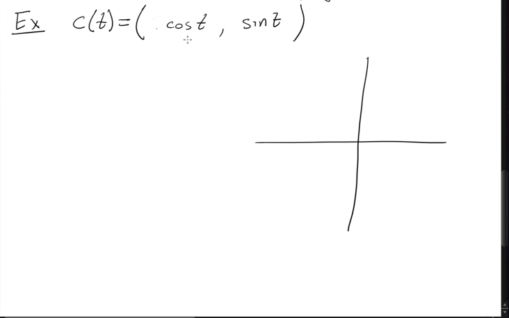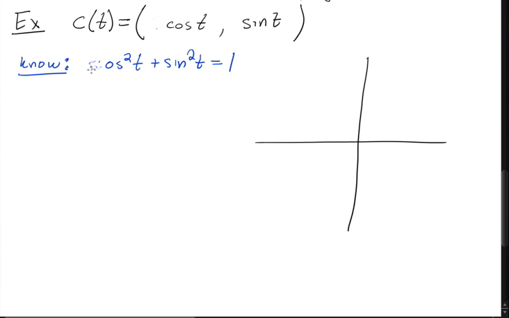To see this, what you can do is, well, let me write it like this. Cosine squared plus sine squared is equal to 1. We know this. Why? It's an identity, the Pythagorean identity.